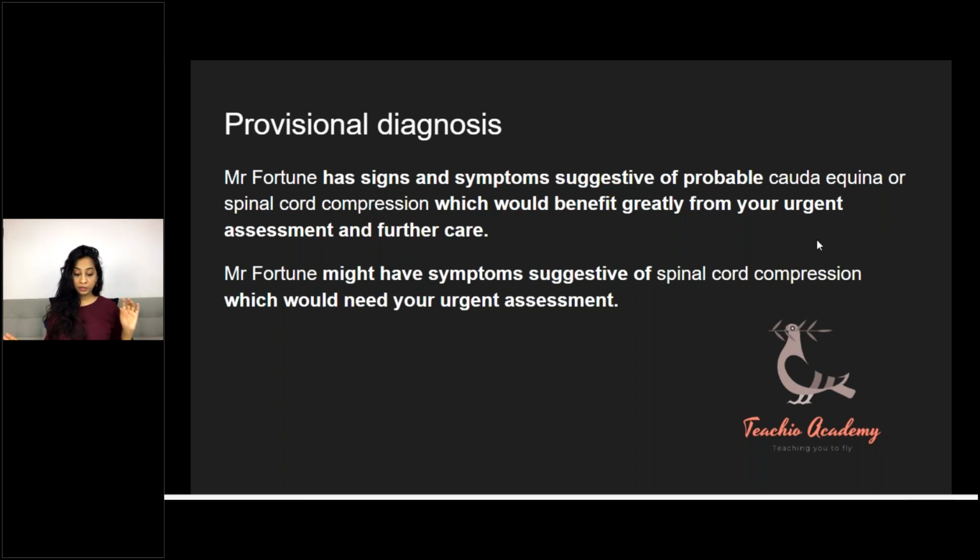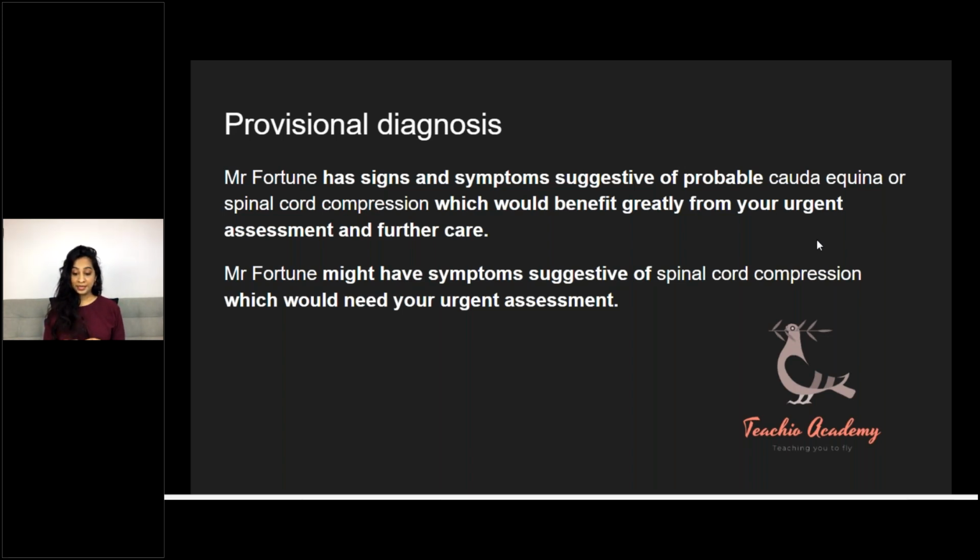But notice that when we're talking about a provisional diagnosis, because the diagnosis exists at the time when you're writing the letter, that's why it's in the present tense. Remember, the specialist might look at that diagnosis and think that you're wrong, okay? But for you, when you're writing the letter to your audience, you think that this diagnosis is true, and it exists. So that's why you're going to be using the present tense.